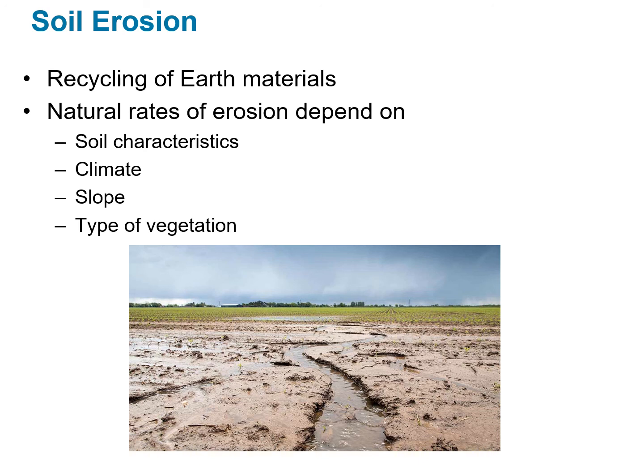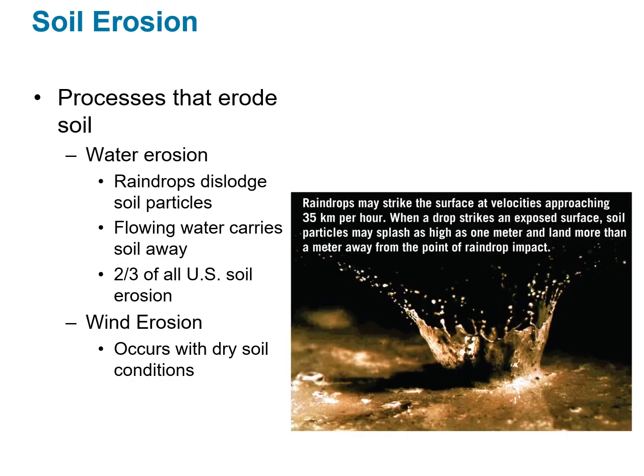Humans have exacerbated the problem with our agricultural practices, but it depends on the soil itself, the climate, the slope of the land, and the type of vegetation that exists. The process that erodes soil, water plays a big role. Rain droplets dislodge soil particles, and then the flowing water carries it away. Two-thirds of all U.S. soil undergoes erosion. And the wind does play a role itself in erosion, but usually during droughts. That's when wind plays a bigger role.